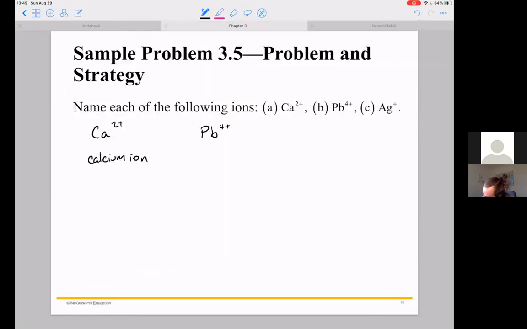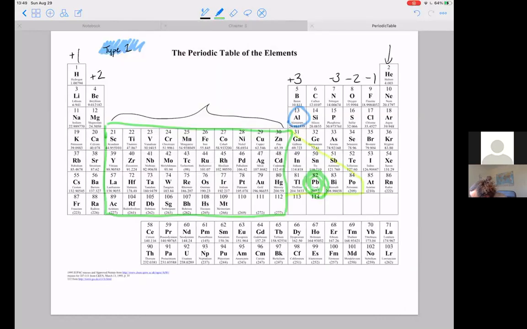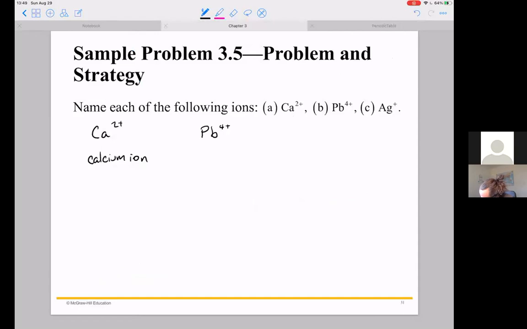So Pb is lead. I'm sure it has to do with the Latin name for lead. So this is the lead(IV) ion. We have to indicate in Roman numerals the charge on that ion.